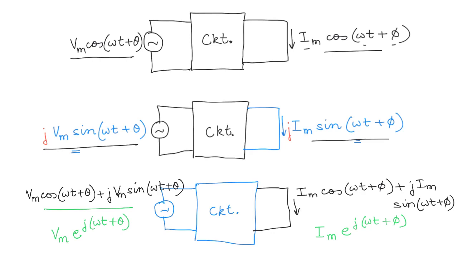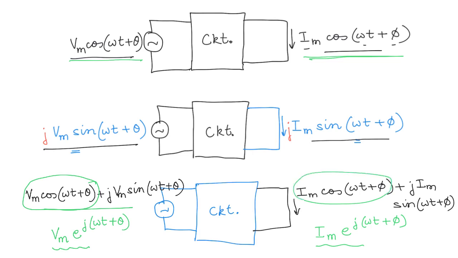Okay, so the real part of this complex exponential is the input that we were looking at giving to a circuit right at the beginning here, right? And the real part of the output is the output that we are looking for in this circuit.